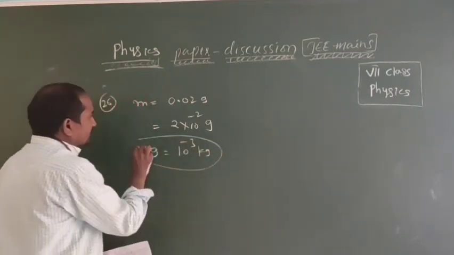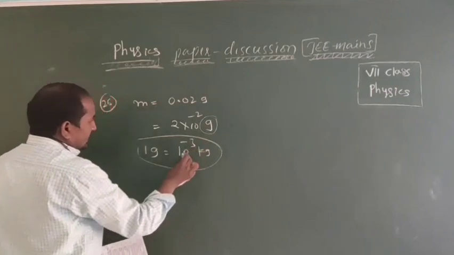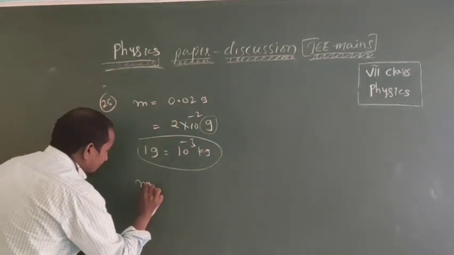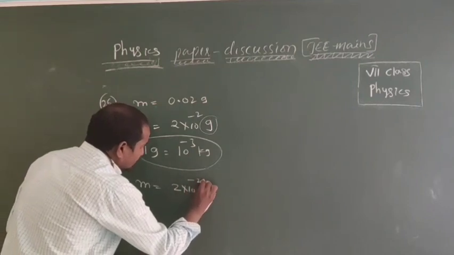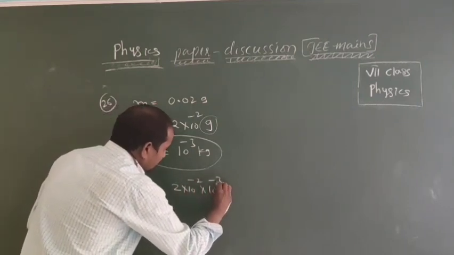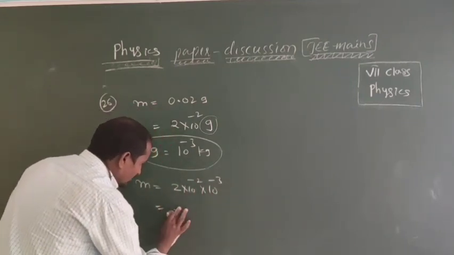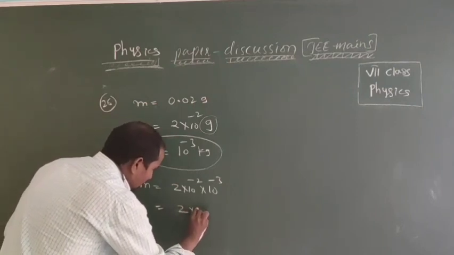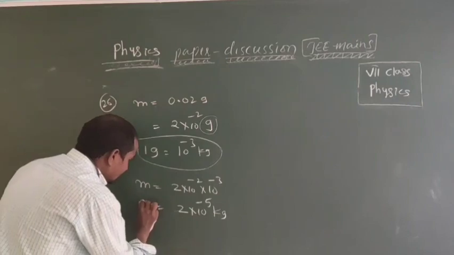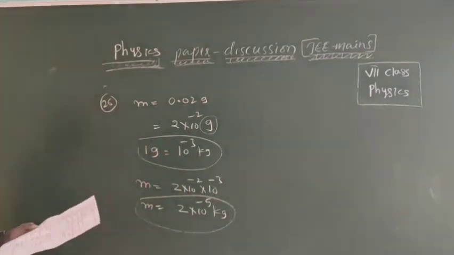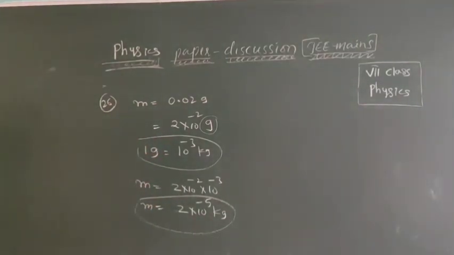In the place of grams, we can write 10 power minus 3. Therefore, m equal to 2 into 10 power minus 2 into 10 power minus 3, that equal to 2 into 10 power minus 5 kg. It is m value.